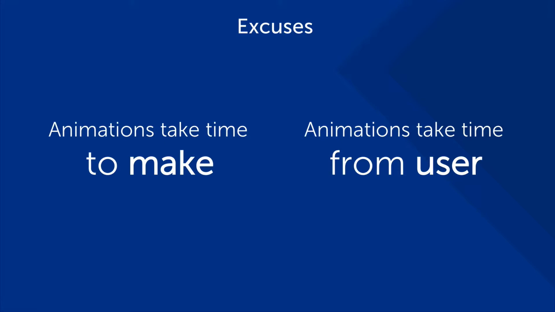Now, of course, the counter argument is that if you don't use animations, it's going to take time for the user's brain to process these abrupt UI changes. Every time a tap on a button happens and things magically just change, like we've seen in the initial example, there is an increase in cognitive load. fMRI studies in cinematography have shown lots of brain activity when a scene just cuts off and switches to another scene.